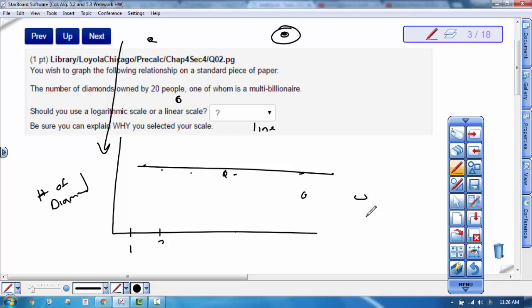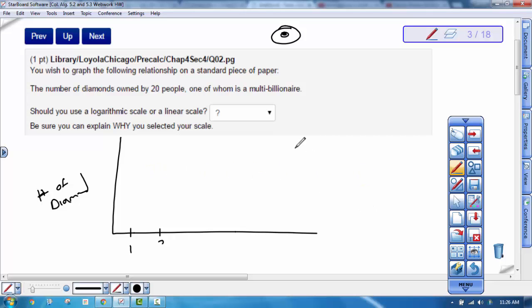I don't know if that makes any sense, but you basically use logarithmic scales when the data is really, really spread out like this. And to make it fit on an axis that you can actually see, and to make it more linear, we would then use a logarithmic scale over here where you go 10, 100, 1,000, 10,000. You go by multiplying by tens instead of by a linear scale. So that's what that means.